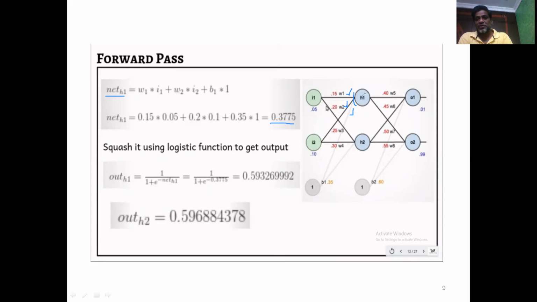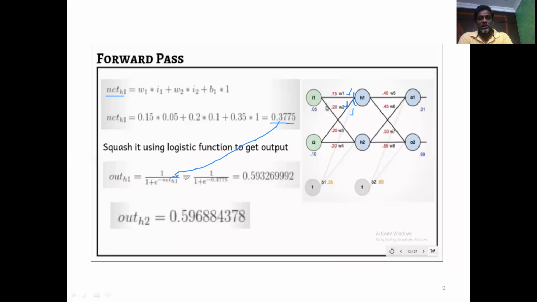The output from H1, that is out H1, is calculated by sending this net H1 to a sigmoidal function. So out H1 is calculated as 1 by 1 plus e power minus net H1. That is, this value is given to the sigmoidal function.